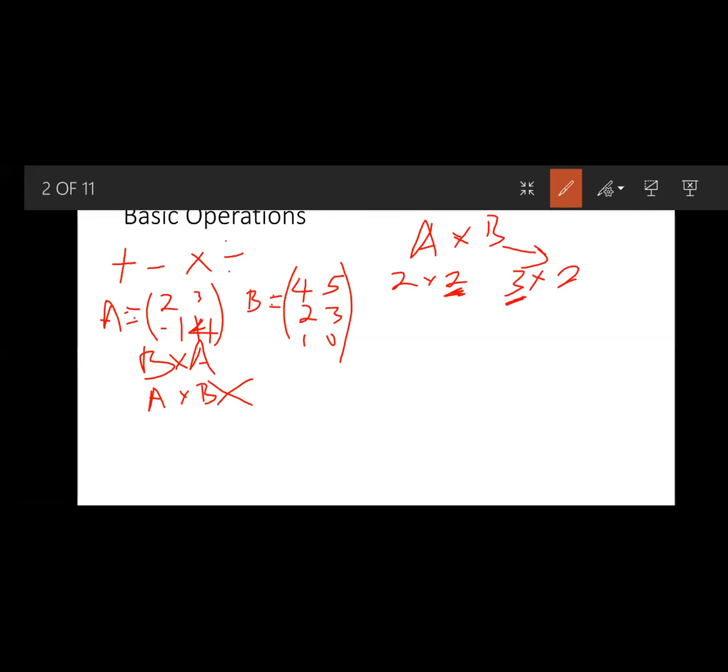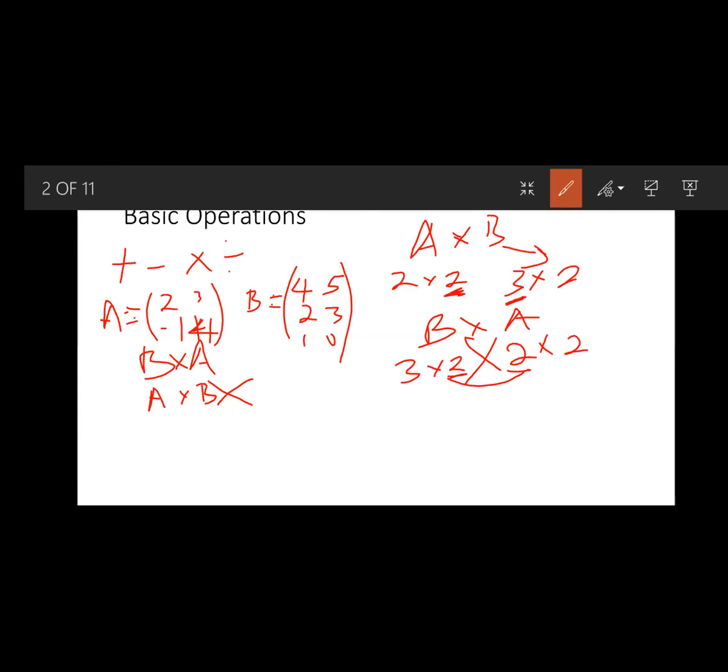But in this case, if I bring B forward, B times A, it means I'm multiplying a 3 by 2 matrix by a 2 by 2 matrix. Since this and this are equal, it is possible.